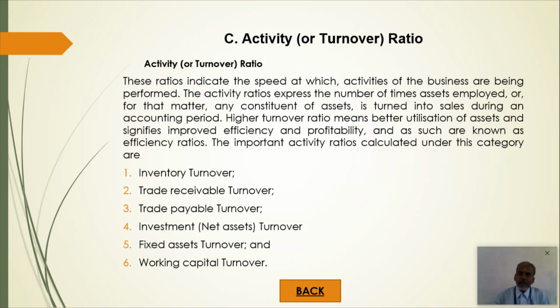To say precisely, if we take inventory turnover, a business should know how many times they ordered and how many times they converted into finished goods. So the number of orders generally gives an idea about the inventory turnover ratio.